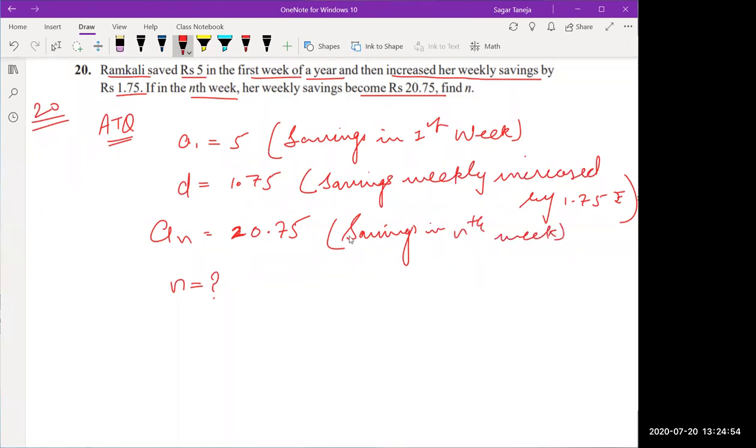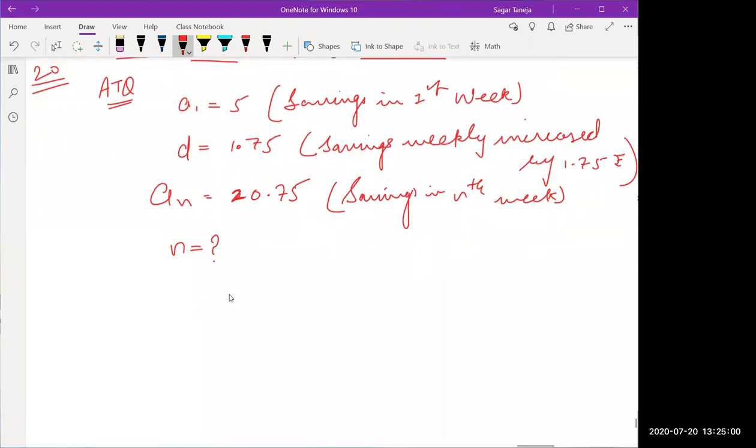I have not written the statements in the beginning. You should write with that. Okay, keep this in mind. We have to calculate the value of n now. By which week he or she will be able to reach with this saving.